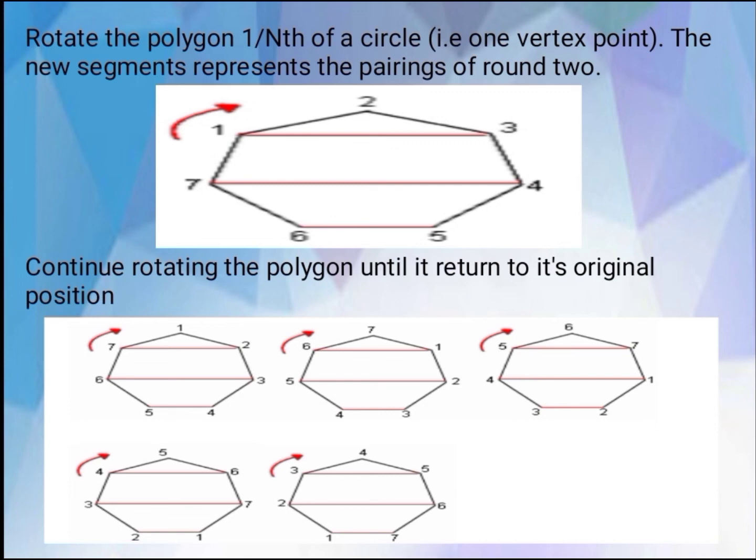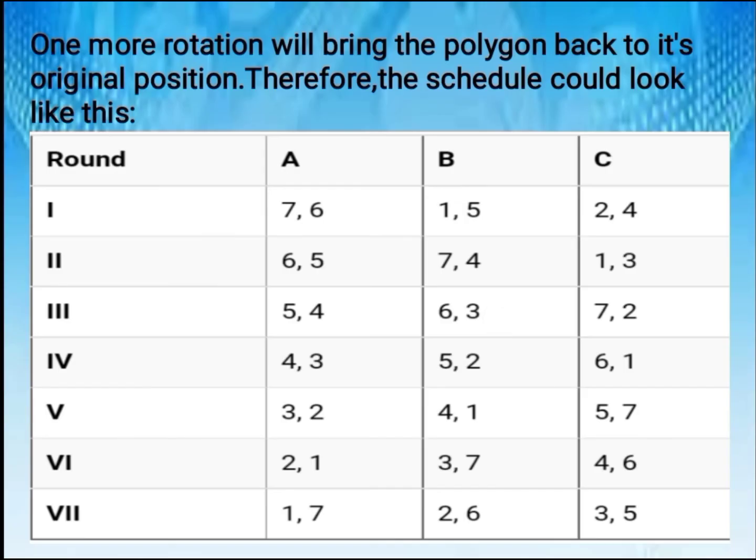The new segments represent the pairings of round 2. So, just rotate it. Continue rotating the polygon until it returns to its original position. One more rotation will bring the polygon back to its original position. Therefore, the schedule could look like this.